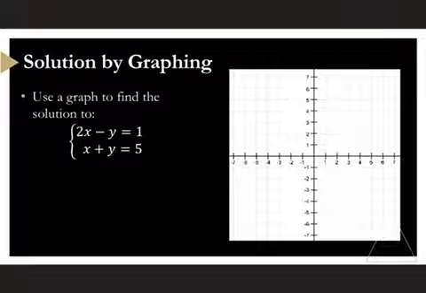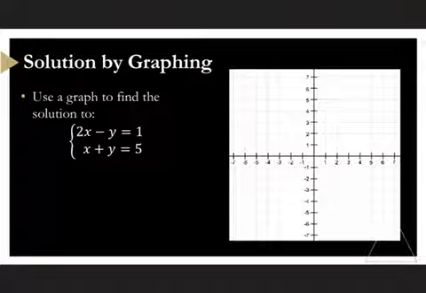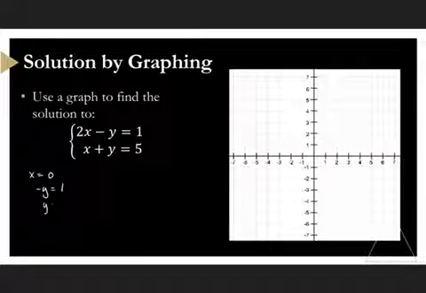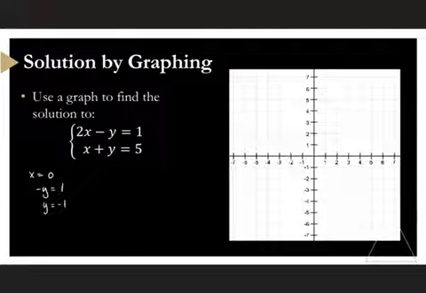Okay. Using a graph to find the solution. So if I'm going to graph 2x minus y equals 1, I can use my intercepts. So if x equals 0, then negative y equals 1, which means y is negative 1. So I have 1 point at 0, negative 1.